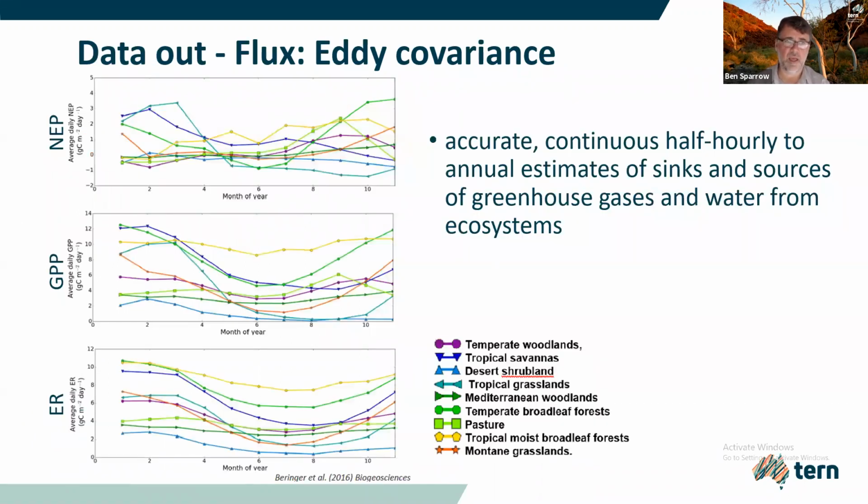And as you can see, they lead to products such as gross primary productivity, that we can plot through time, so we can understand how the seasonal effects, rainfall effects and temperature effects mean that those environments change through time and how they interact.